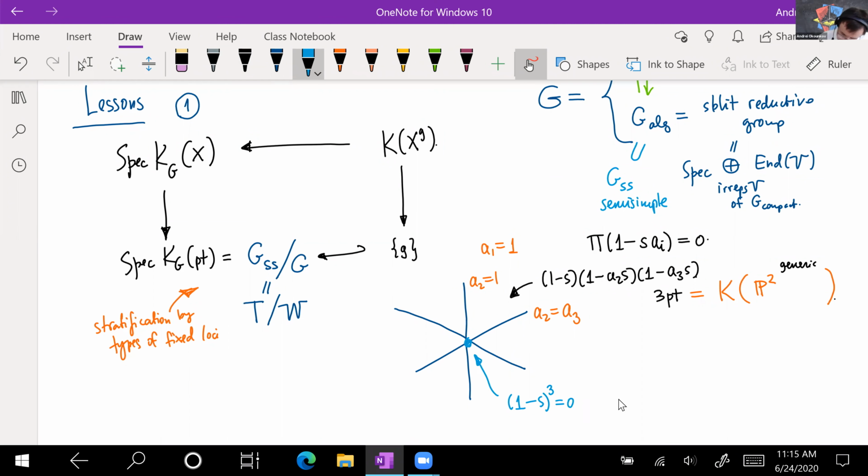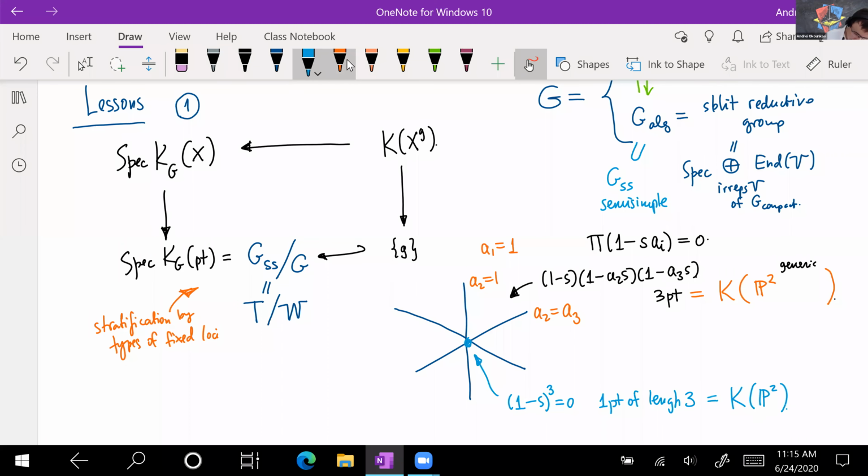So 1 minus S cubed over 0 is 1 point of length 3. And so if I'm over the origin, it means I'm fixed. The origin fixes everything, and so this is just the K of P2.